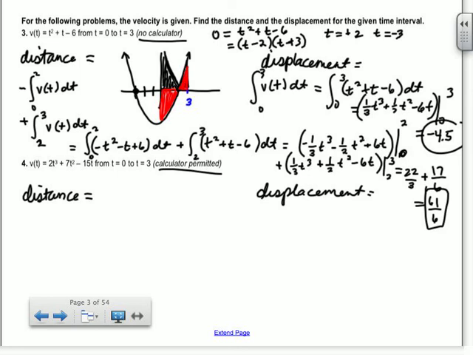So on this first one, if you're finding the distance, remember distance is absolute value of your velocity from 0 to 3. Displacement is no absolute value. All right, so you're going to do math 9. Make sure you do absolute value. So you're going to hit math, arrow over to number, and then it's the first choice.